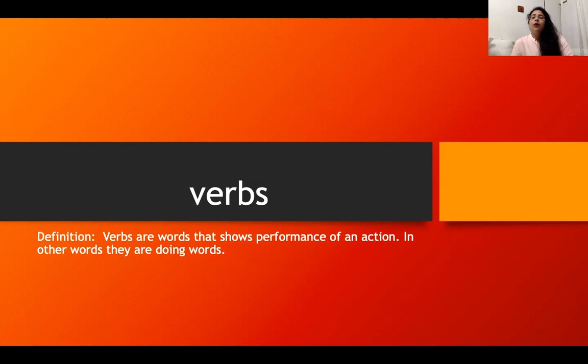So, verbs are action doing words, which denote what action is being done by a noun or a pronoun. Verbs very much decide the tense, the moods, and active passive voice also.